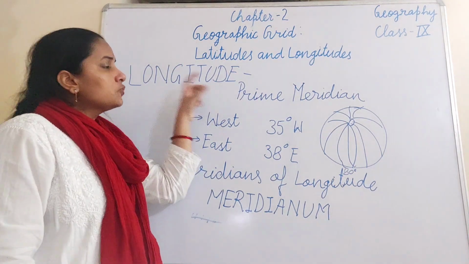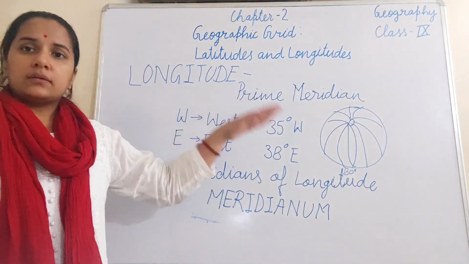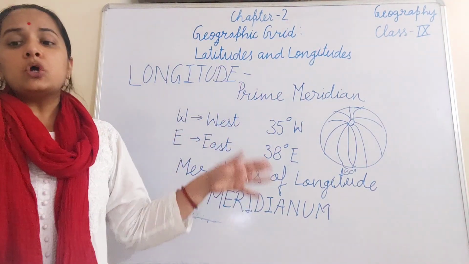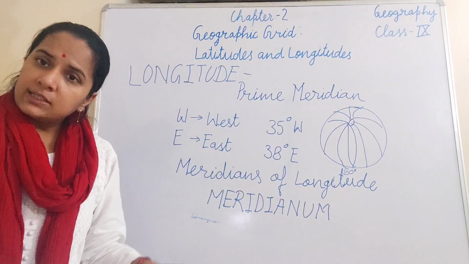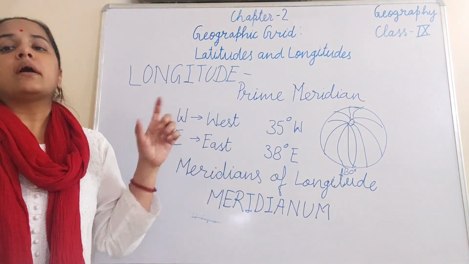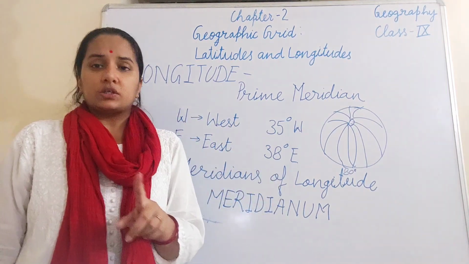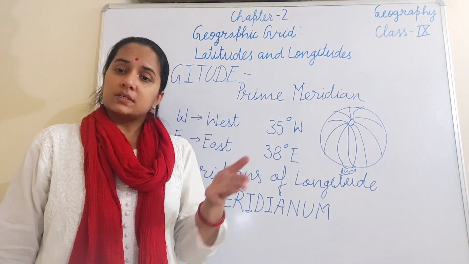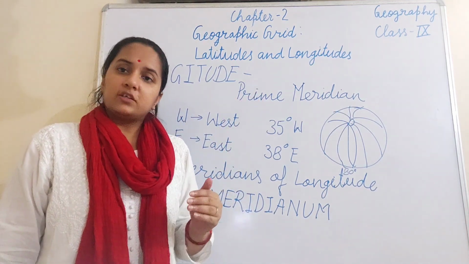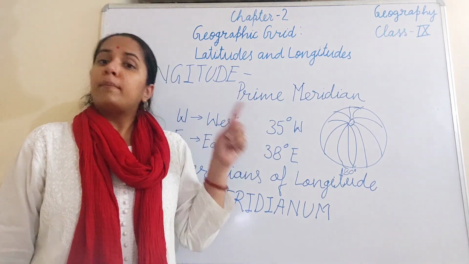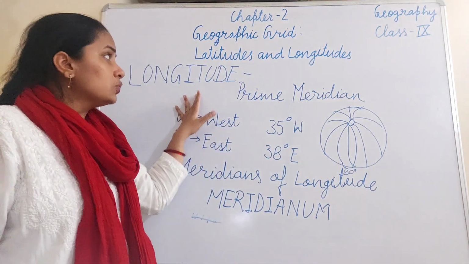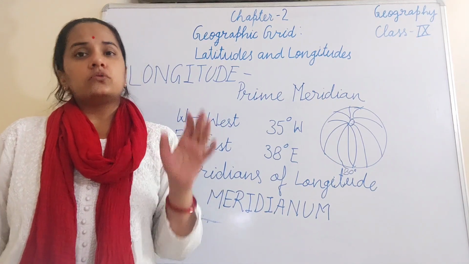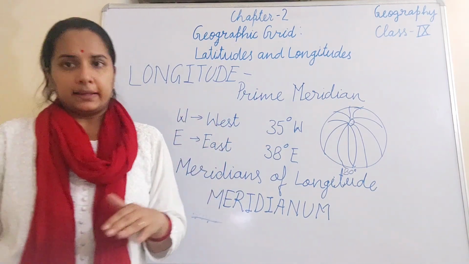Also, the longitudes merge at the poles, from the south pole to the north pole, and that's why they are all of equal length. In case of lines of latitude, we have discussed that all the lines of latitudes have different lengths, but in case of lines of longitude, all the lines of longitude have the same length.